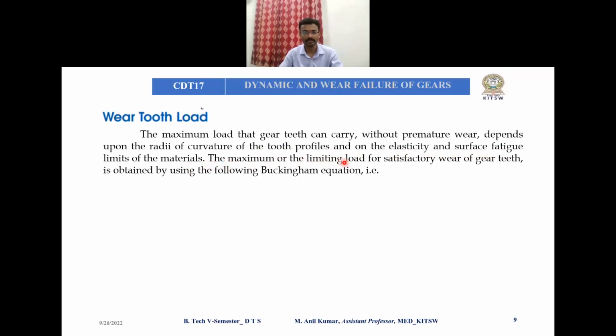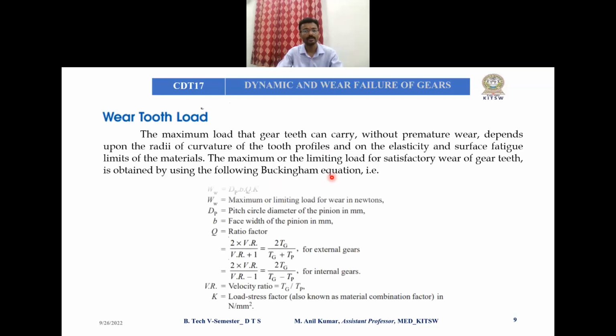The maximum or limiting load for satisfactory wear of gear teeth is obtained by using the following Buckingham equation: WW equal to dP small b Q into K, where WW is wear load, dP is pitch circle diameter of pinion, and small b, as we all know, is face width.